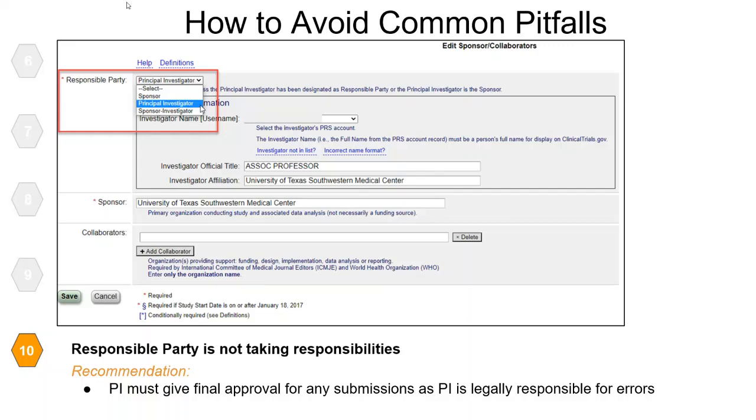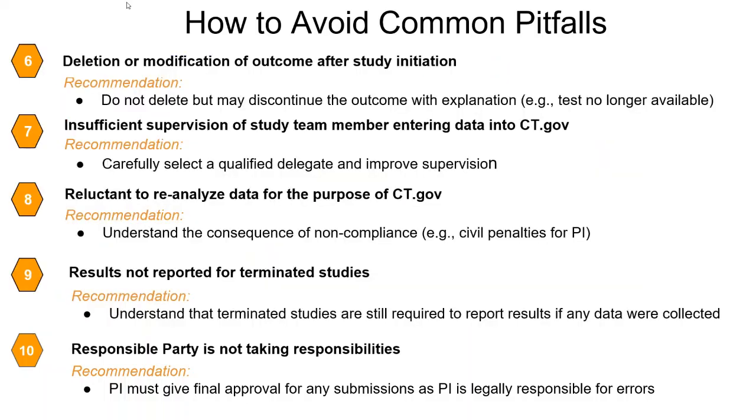As per UT Southwestern policy, since the PI is expected to be the responsible party, the PI must be the one to approve and release the record after verifying all the clinical trial information that has been entered, as the PI is legally responsible for the errors. In our next Research Matters session, we will come back with some more tips and recommendations.